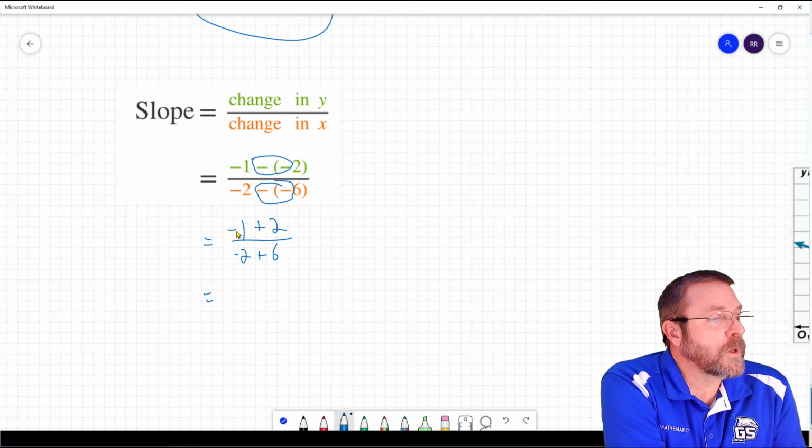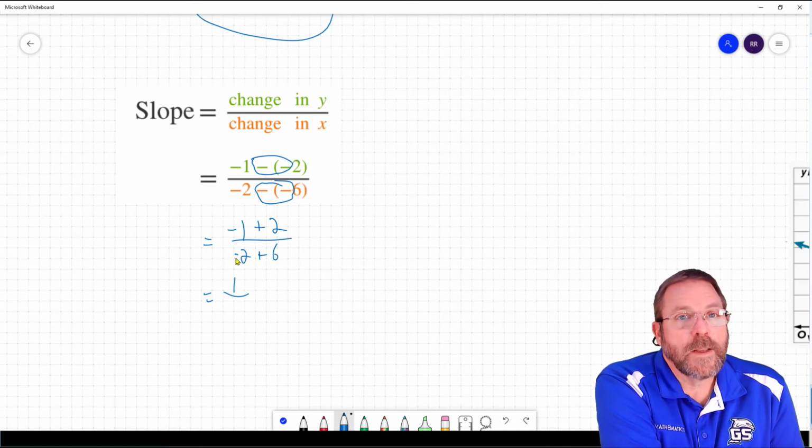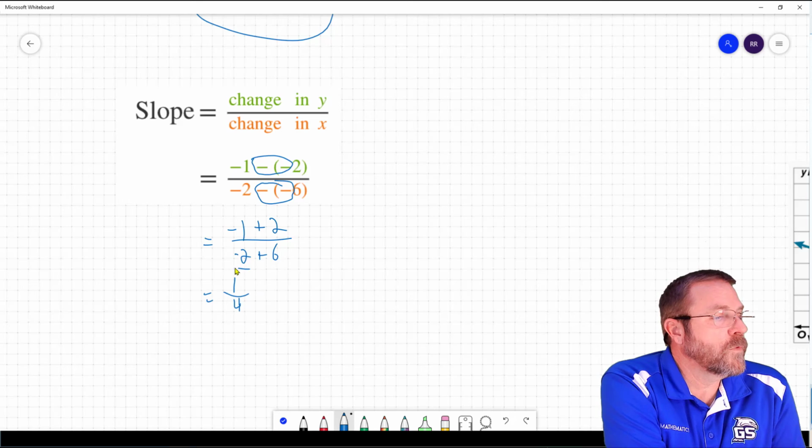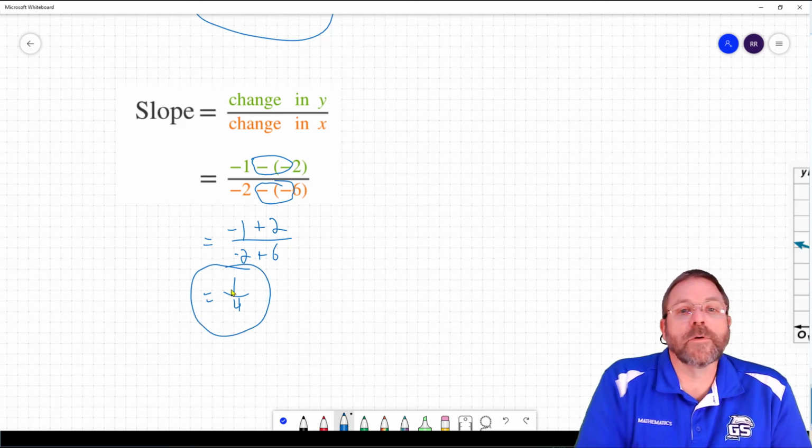So the difference between 1 and 2 is going to be 1, with the sign of the larger number going in front of your answer, making that a positive 1. And then the difference between negative 2 and 6, that's going to end up becoming 4, once again, with the sign of the larger number going in front of your answer.